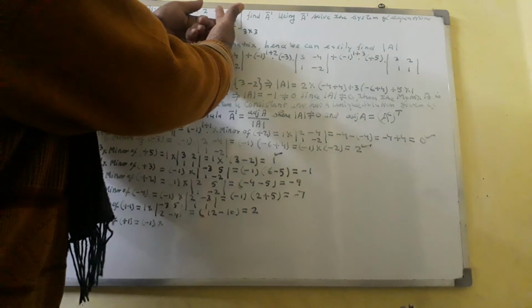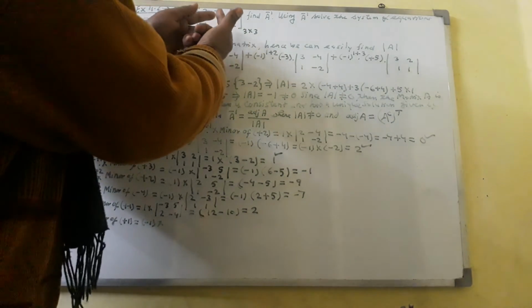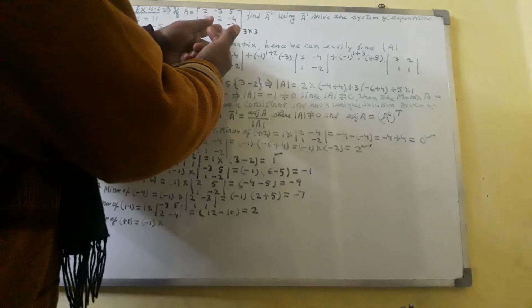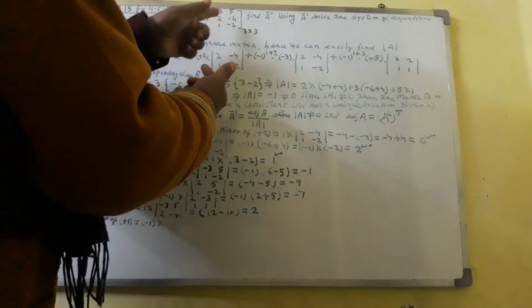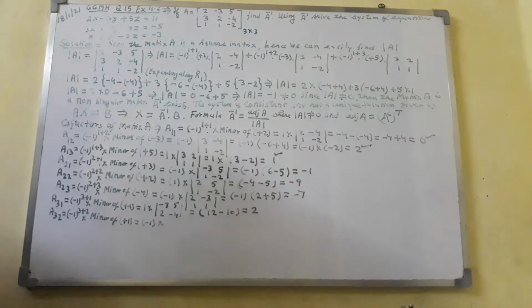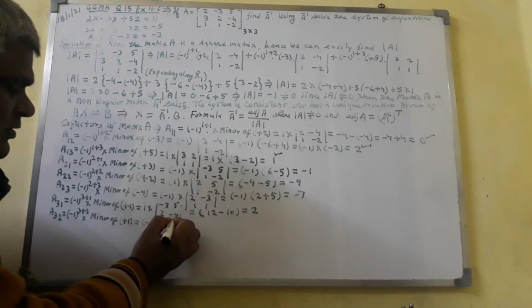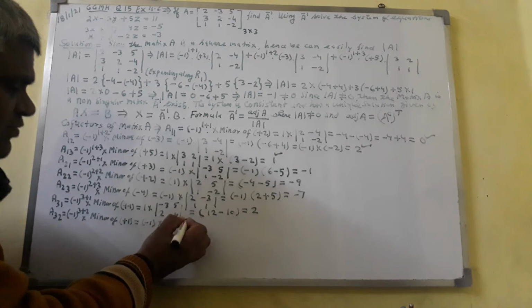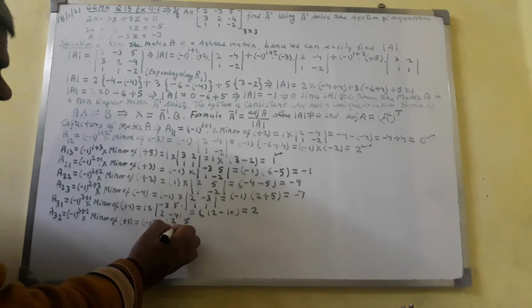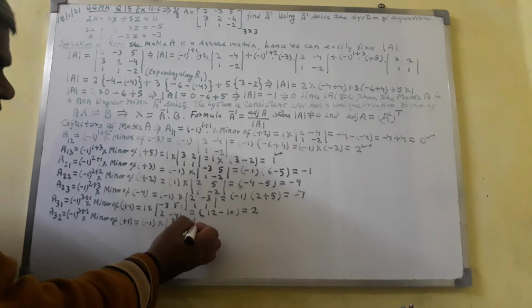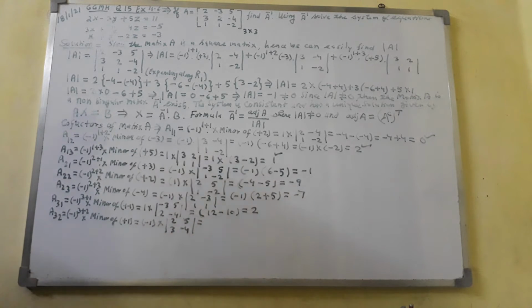A32, this one is there in third row and second column. The third row and second column will be hidden. You will get the minor of plus 1 as 2, 5, 3, minus 4. Okay. So what to do here?